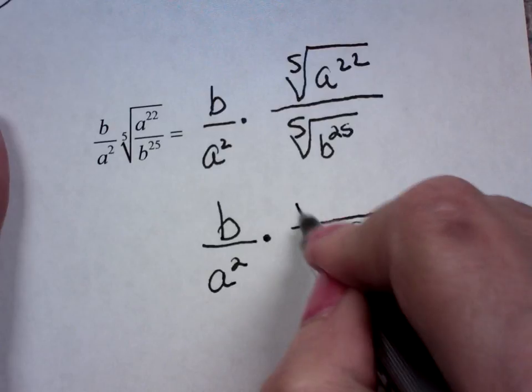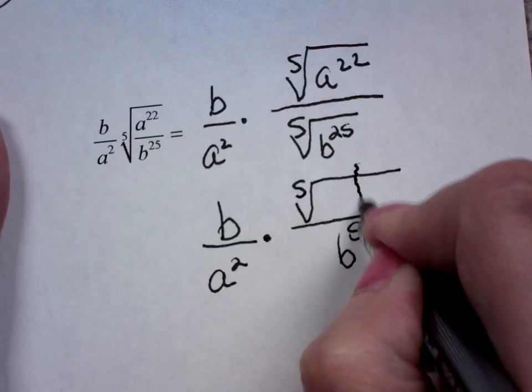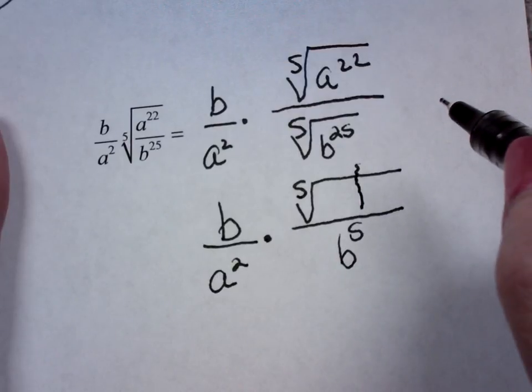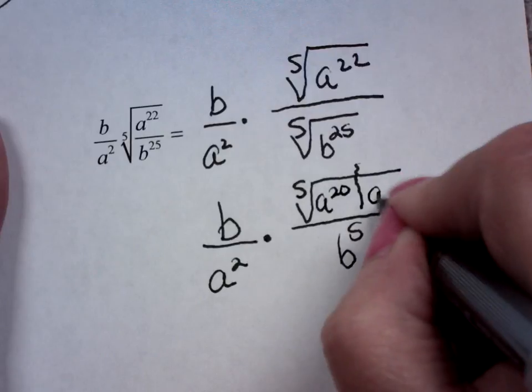The numerator can be broken apart. What is the largest number that 5 will divide before 22? 20. And then with 2 left over.